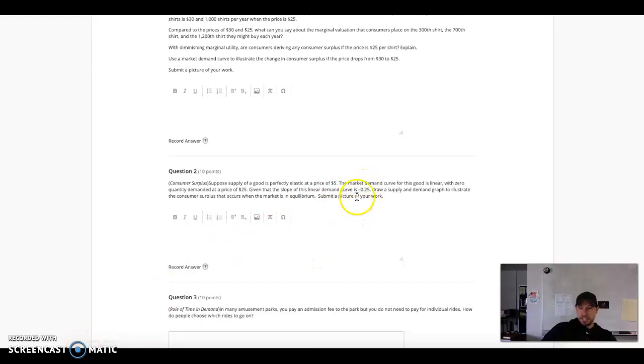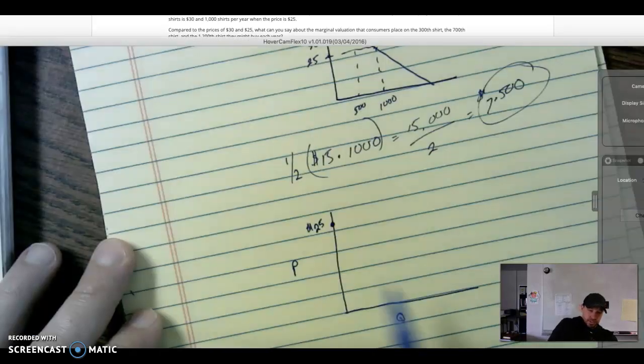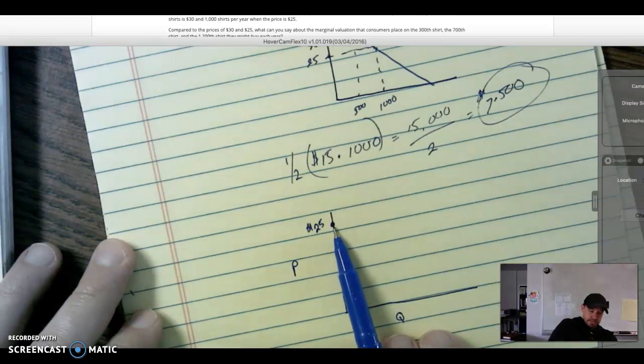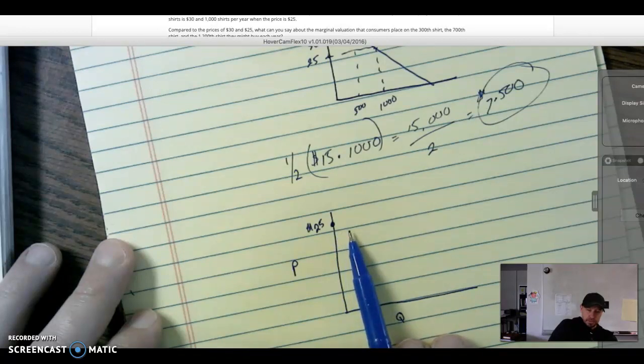So that means for every dollar that I drop in price, okay, price goes down by 1, 1 over 4, the quantity demanded is going to increase by 4. So for every dollar that I'm dropping, quantity demanded inversely is increasing by 4. That's minus 0.25, minus 1 over 4.